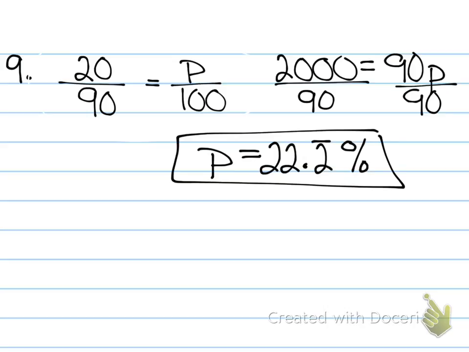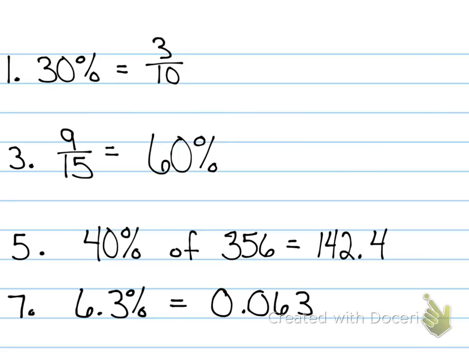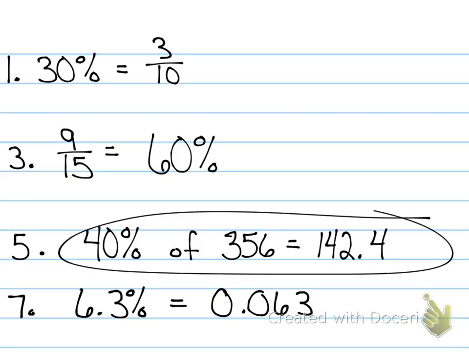All right, now on number 11, it says, what number is 60% of 66? I had many people trying to do it this way. Oh, well, I'm just finding 60% of 66. I don't need to use one of my equations, one of my formulas.